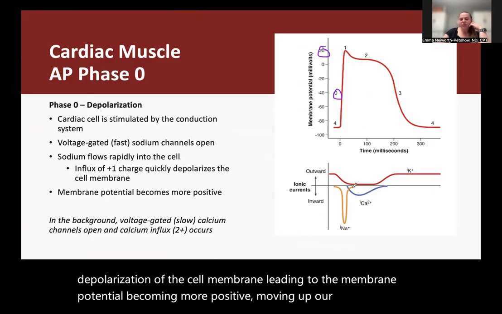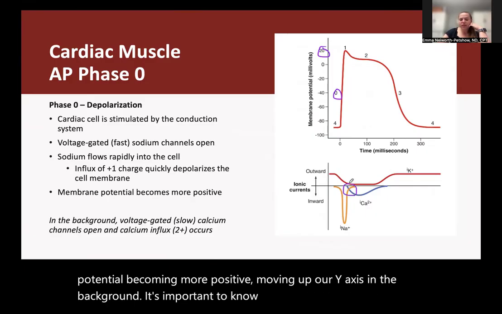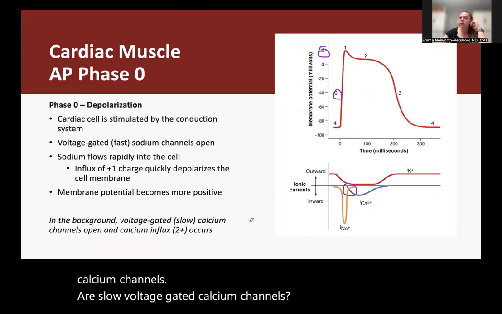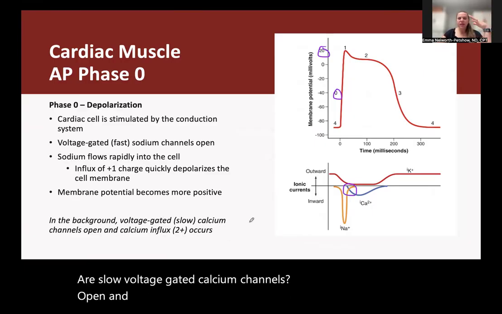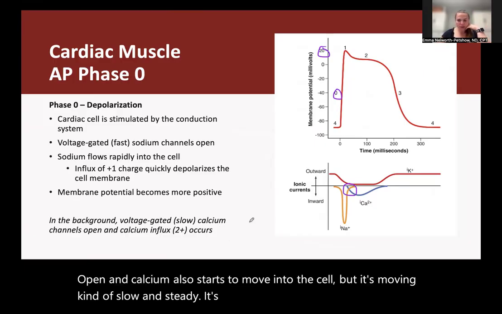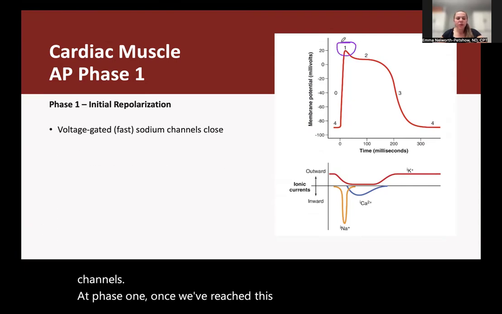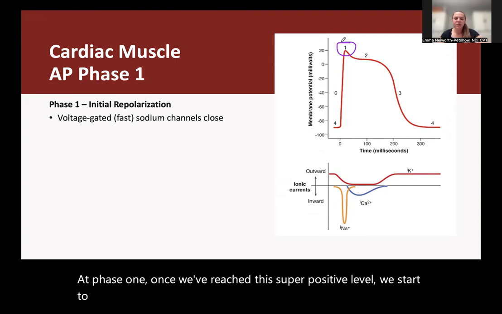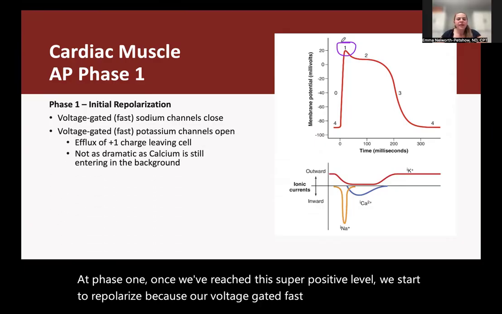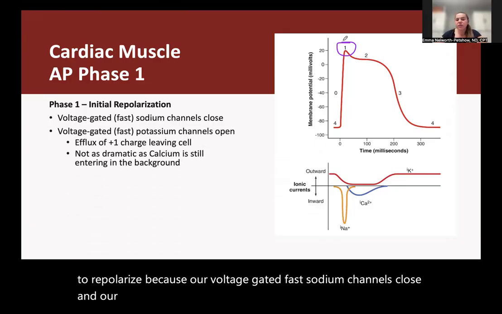In the background, it's important to know that during this time, our slow voltage-gated calcium channels open, and calcium also starts to move into the cell, but it's moving kind of slow and steady. It's not as fast as our quick sodium channels. At phase 1, once we've reached the super positive level, we start to repolarize because our voltage-gated fast sodium channels close and our voltage-gated fast potassium channels open.